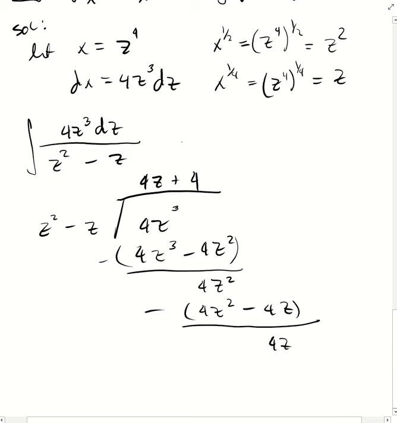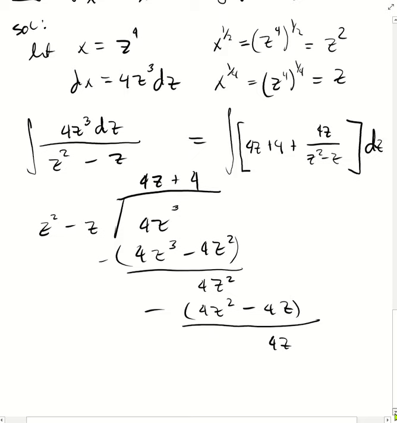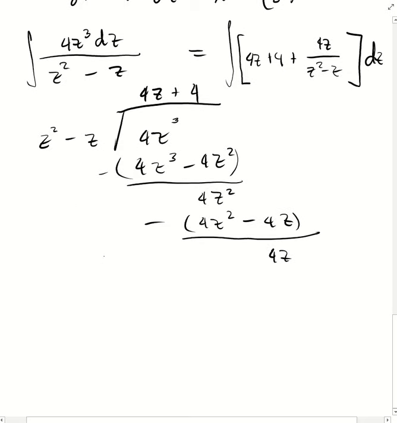So we can now rewrite this one as the integral of 4z plus 4 plus the remainder, which is 4z, divided by the denominator z squared minus z, dz. Then we can distribute the integral.